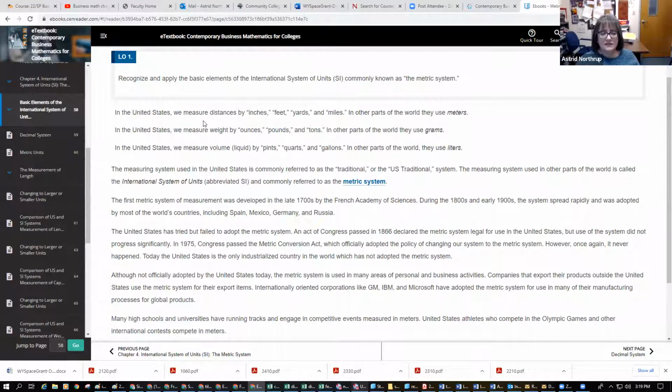So in the United States, we measure distances in inches, feet, yards, and miles, and these are unevenly spaced. For example, there are 12 inches in a foot, 3 feet in a yard, and 5,280 feet in a mile. We measure weight using ounces, pounds, and tons.